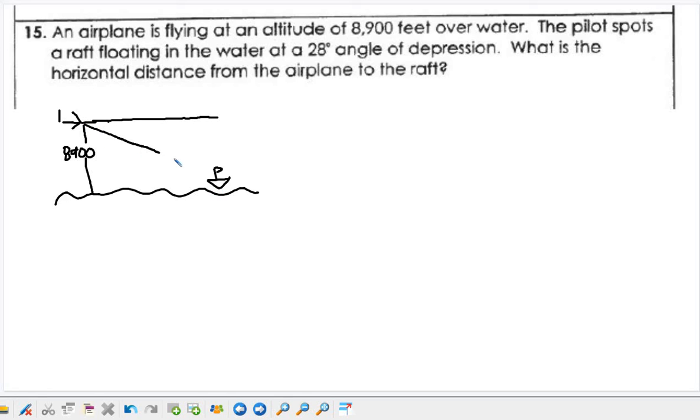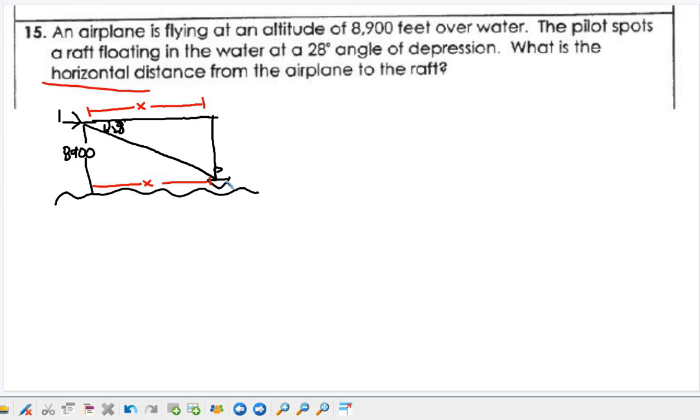At 28 degrees. So depression means from the horizontal. So this is 28 degrees. What is the horizontal distance from the airplane to the raft? So they specifically say horizontal distance, which is this distance, or this distance.